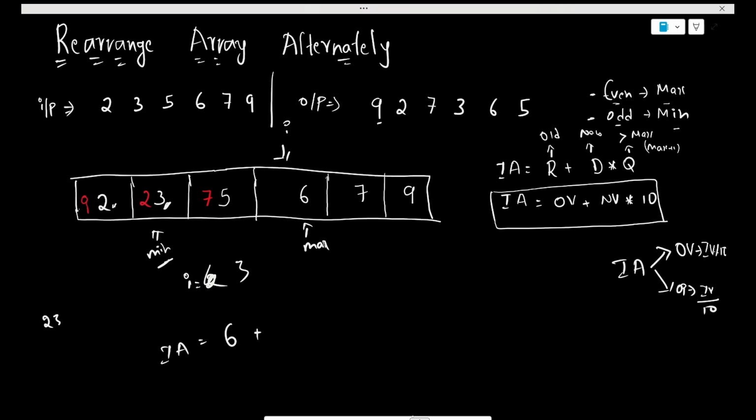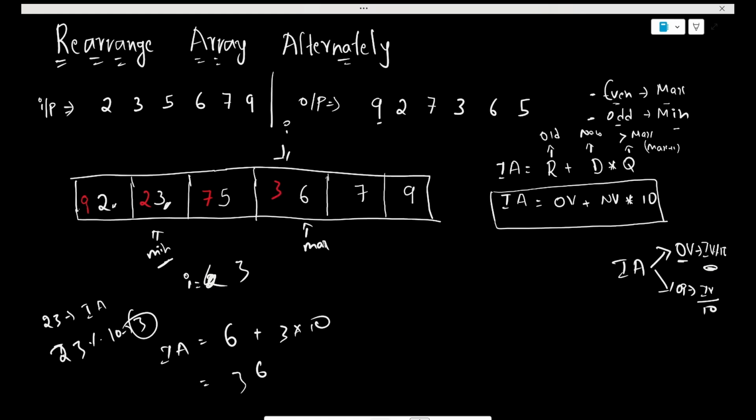Here 23 is intermediate answer. We don't want 23. What we want? We want 3. So how to get 3 from 23? Here intermediate answer, old value, we need to do percentile with 10. So 23 percentile 10, here we will be getting 3 and taking the same 3 into 10, that is 36.